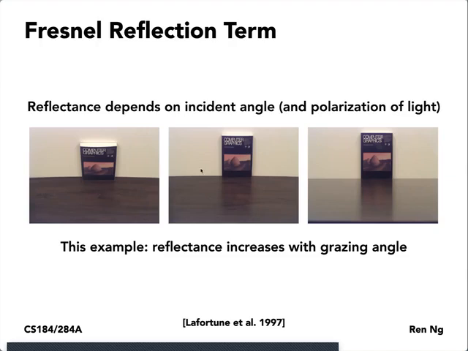And then we take another photo that's a little bit angled down, and then one that's angled very close to the surface of the table. And notice the dramatic increase in the amount of light reflected off that table, how much brighter the light is on the wood tabletop from the white wall and the dark cover of the book. So reflectance increases with grazing angle for this particular scene.